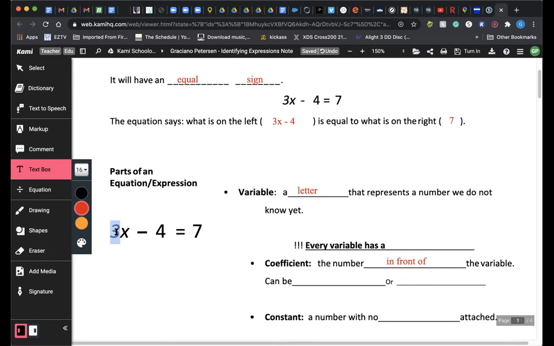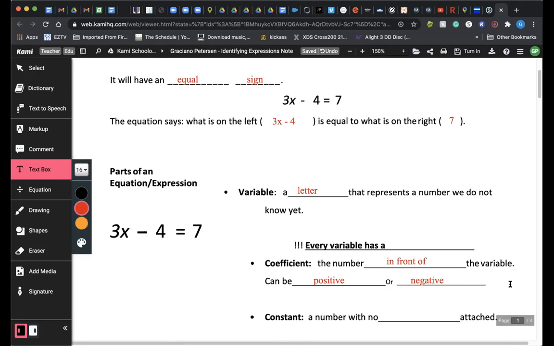The 3. Okay, so the number in front of the variable is the coefficient. That coefficient can be positive or negative. It doesn't matter. It's still going to be called the coefficient, regardless of whether it's positive or negative.